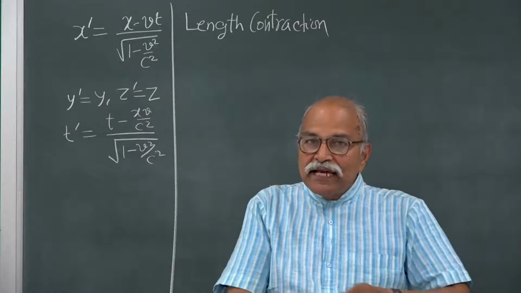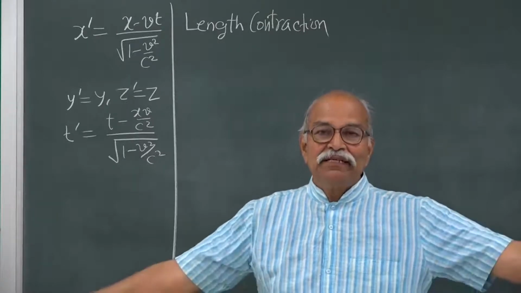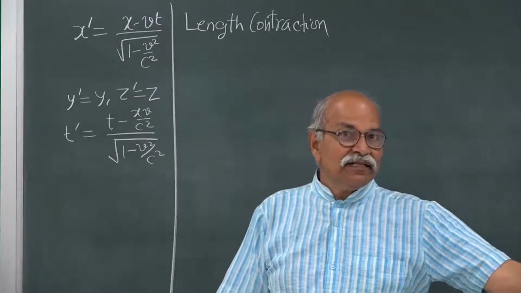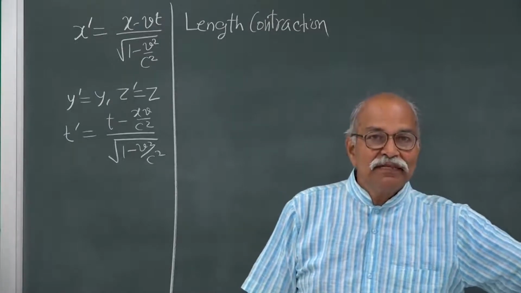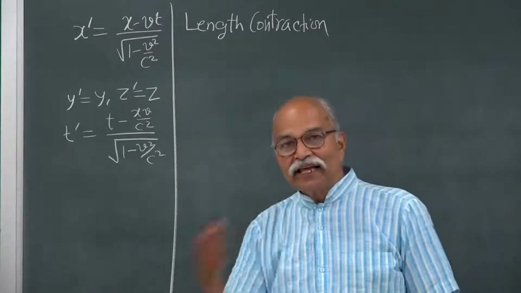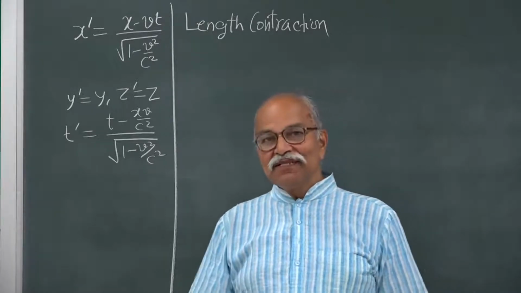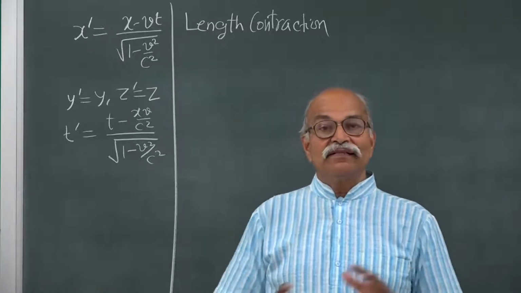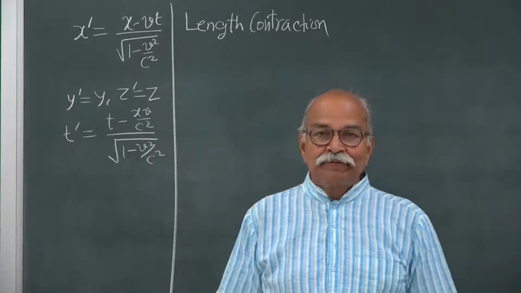I can put a meter scale or a measuring tape, and then I can go to the left end of that length and measure what is there on that measuring tape. Then I can come to the right end and measure the value on the measuring tape, and then I can subtract x2 minus x1 and I can get the length of this table.